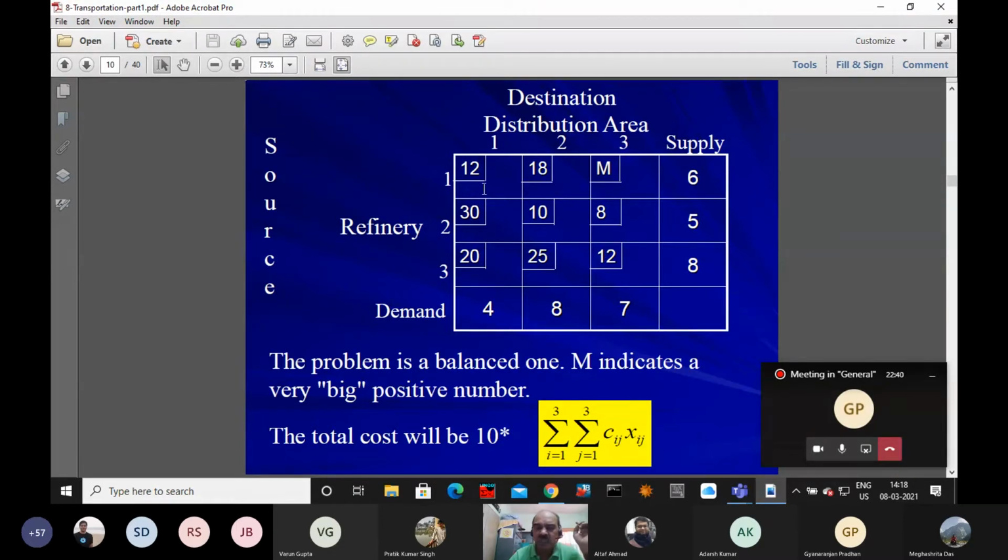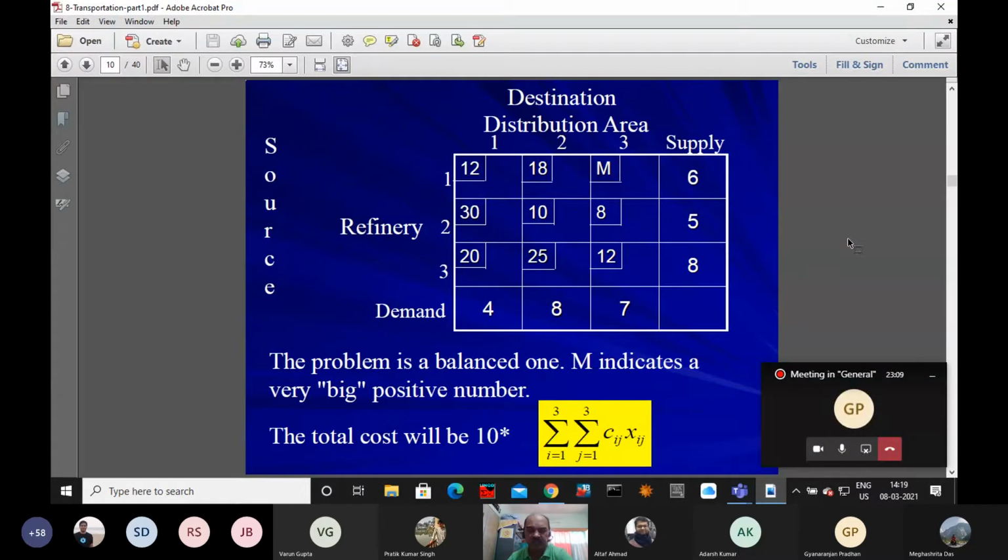With respect to the first cell, the decision variable involved is x11, second cell x12, third cell x13, then second row x21, x22, x23, then third row x31, x32, x33. So now we can formulate the model in this manner.